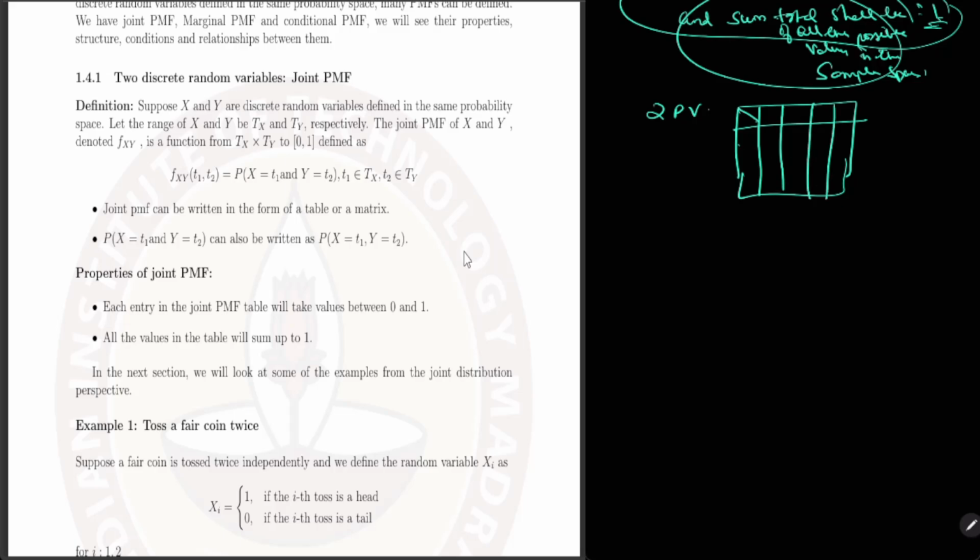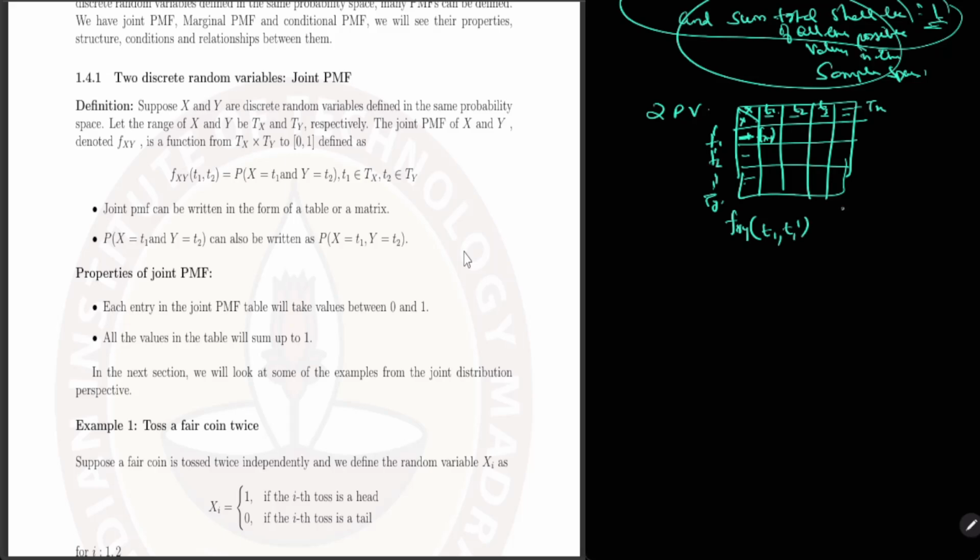We'll take one variable here and the second variable there, with the range of X and the range of Y. So the joint PMF will be fxy, with t1, t2, t3 up to Tx along one side, and we write t1 dash, t2 dash, t3 dash up to Ty along the other, because this t1 cannot be equal to t1.